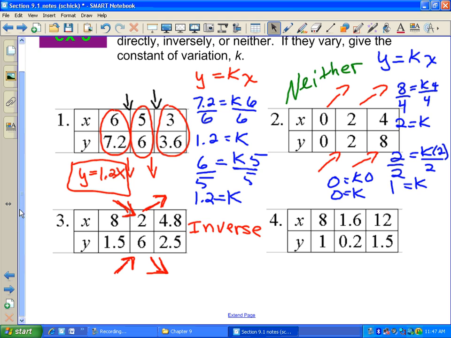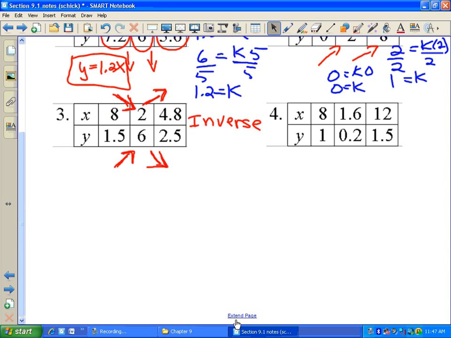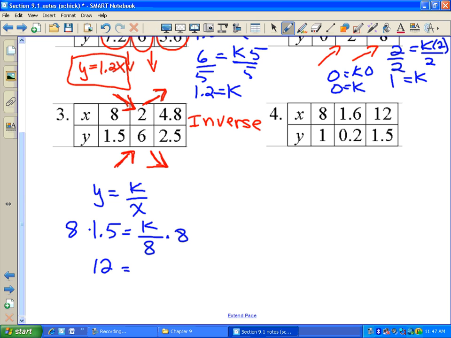So, okay, let's check it out. Let's say that y is equal to k divided by x. Plug in what I know. 1.5 is equal to k divided by 8. So if I multiply both sides by 8, I'm going to go ahead and get 12 is equal to k. Does that work for everything?